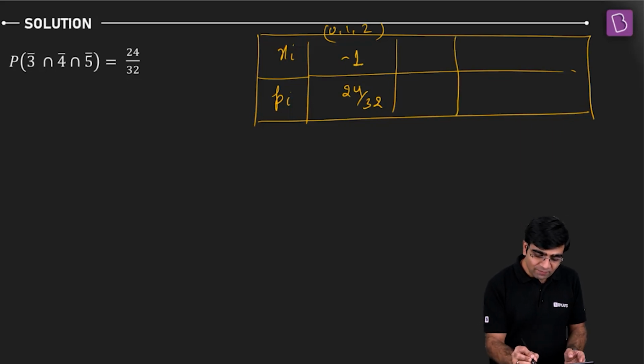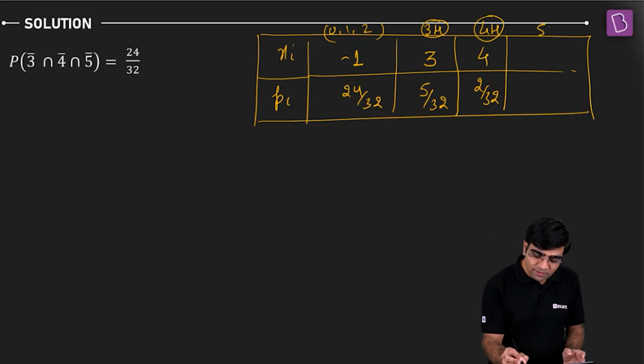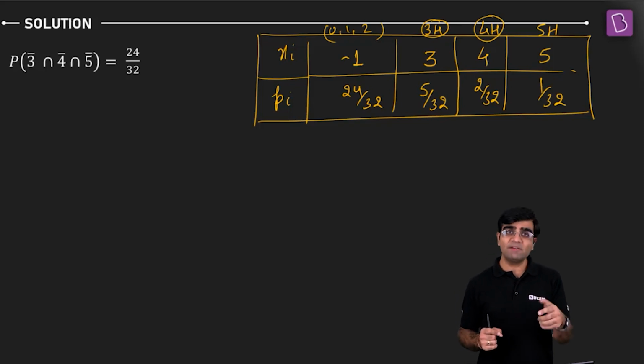Then if I want to have exactly 3 heads, the value associated is 3, and the probability was 5 by 32. If I want to have 4 consecutive heads, the probability associated was 2 by 32, and the value associated is 4. If 5 heads, then the value will become 5 and the probability becomes 1 by 32. So I have xi and pi for all the 4 cases.